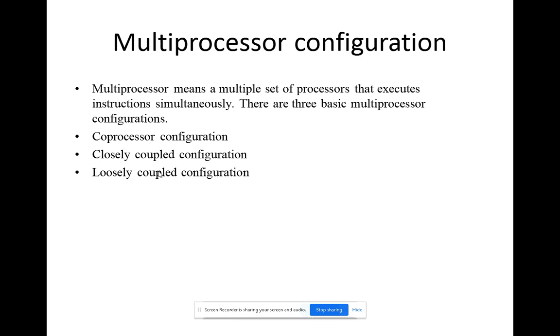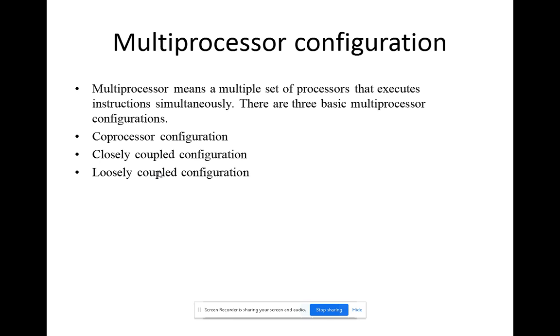Okay. Today we are going to see multi-processor configuration. In yesterday's class, we have seen how the 8086 microprocessor works in two modes, that is minimum and maximum mode. But today we are going to see multi-processor. What is multi-processor? Multi-processor is nothing but multiple processors that execute instructions simultaneously.